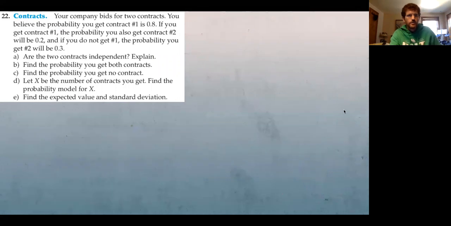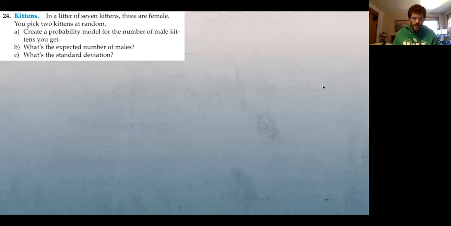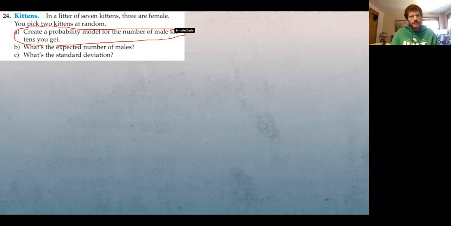We're gonna do one more, and then that will be it for today. We might be done somewhat quickly today. All right, in a litter of 7 kittens, 3 are female. You pick 2 kittens at random, create a probability model for the number of male kittens you get. And then I'll just say this. If you can find a probability model of any random variable, then you can just plug that in as lists on your calculator.